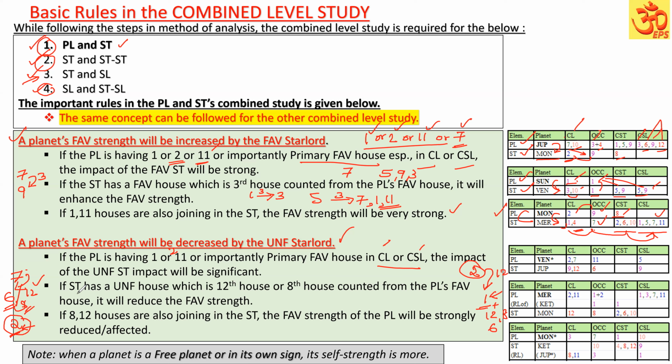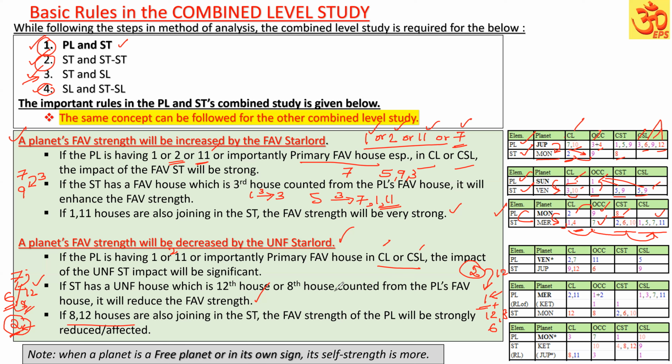Okay, let me come to the point. If the star lord is having an unfavorable house, which is the 12th house or 8th house counted from the planet's favorable house, it will reduce the favorable strength. Next point. The 8th house and 12th house are unfavorable houses to the lagna.